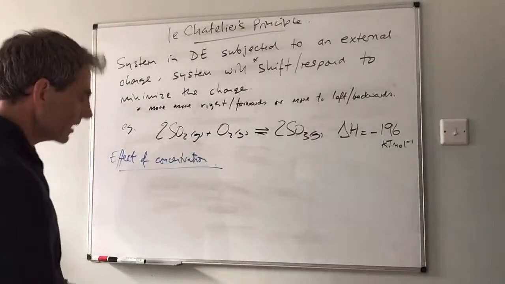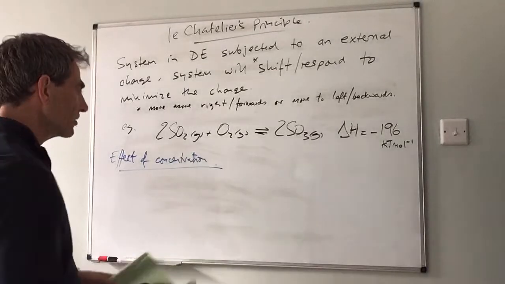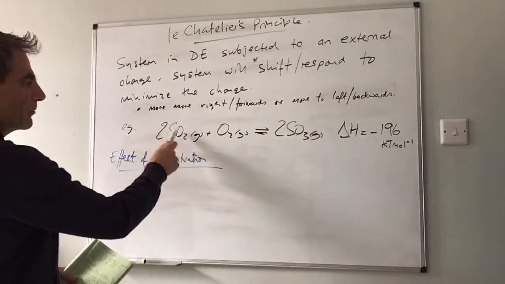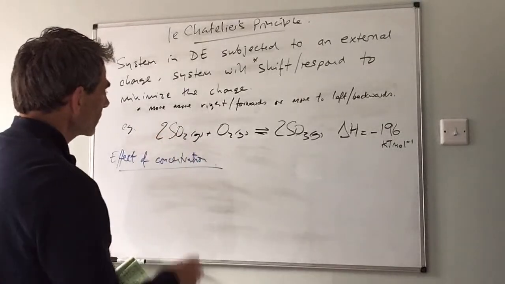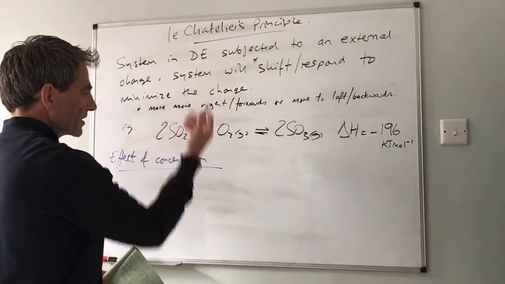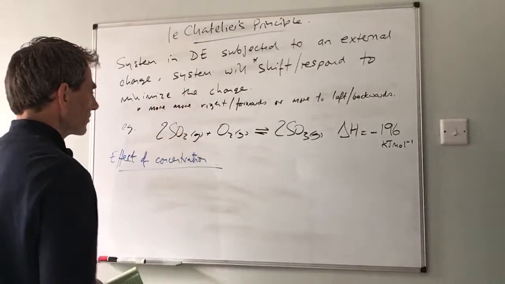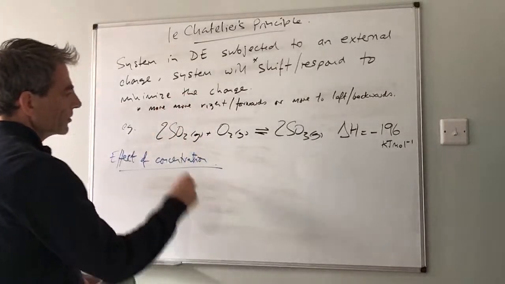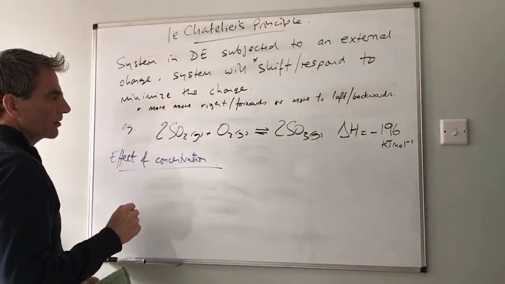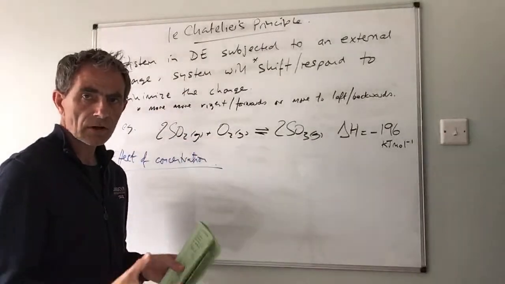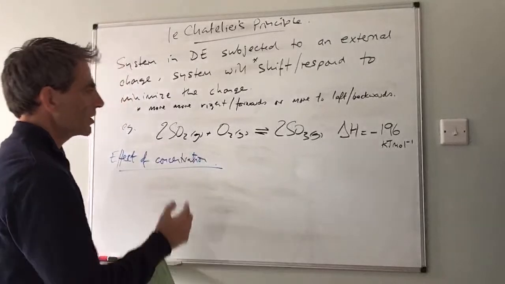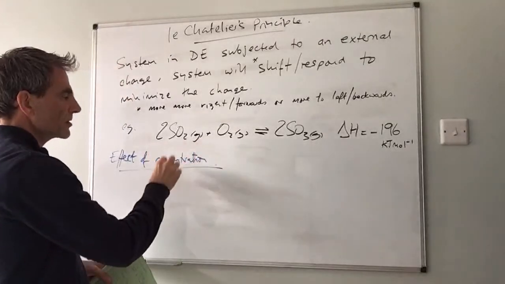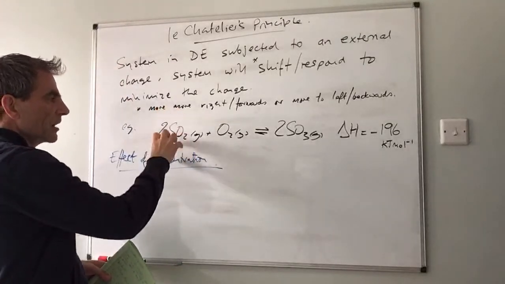Right, okay, so let's imagine that you increase the concentration of one of your reactants. So let's just pick sulfur dioxide because I'm right next to it here on the board. If that was increased, obviously that's going to knock it out of equilibrium. So how does the equilibrium respond to bring this back down?